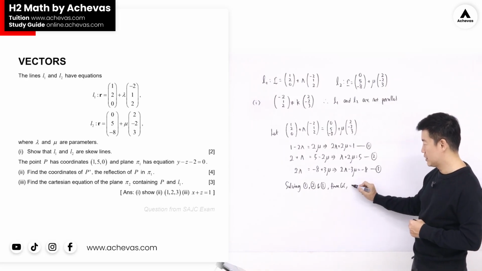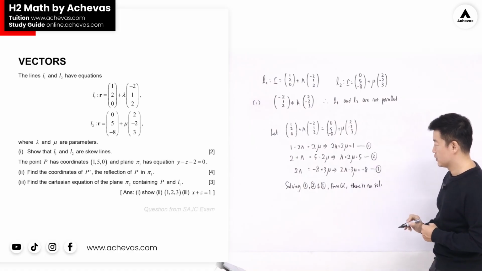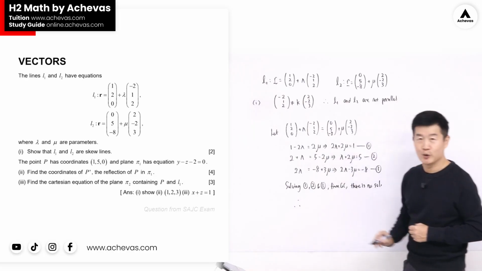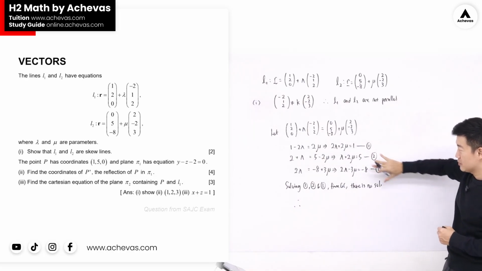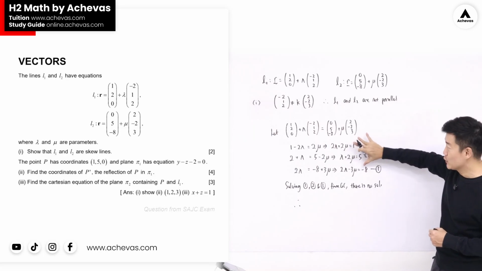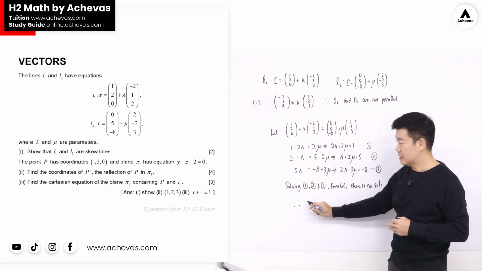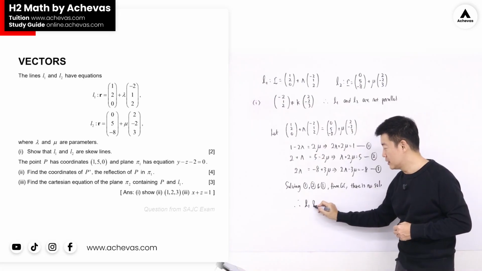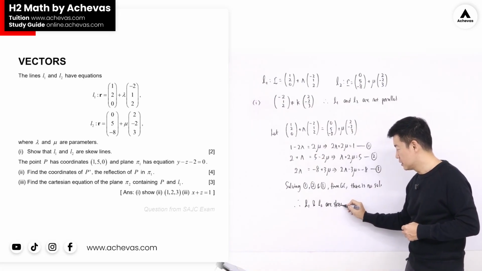So from our graphing calculator, there is no solution. Now we can conclude. Since these two lines are not parallel and they are not intersecting because we cannot find any solution for them intersecting, not parallel, not intersecting, therefore L1 and L2 are skew lines.